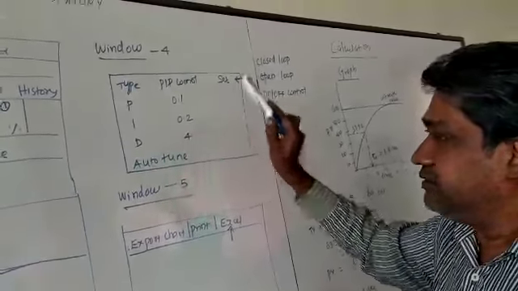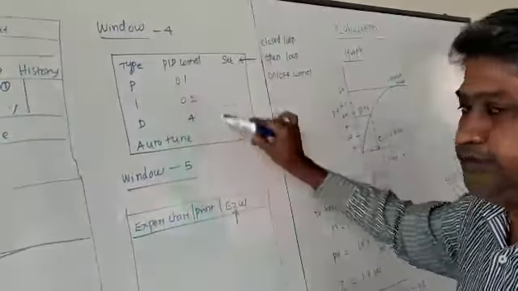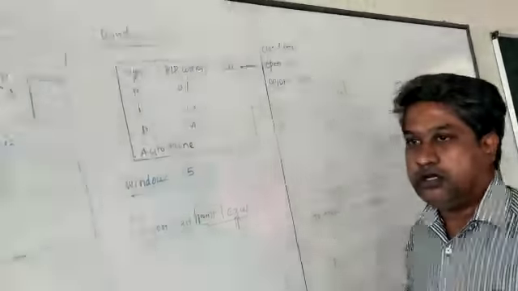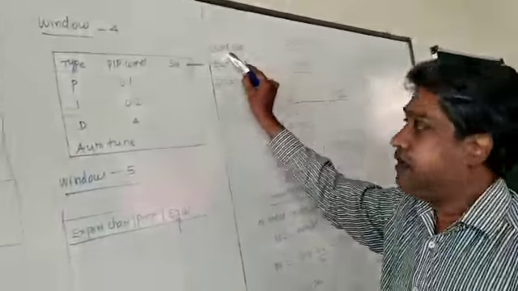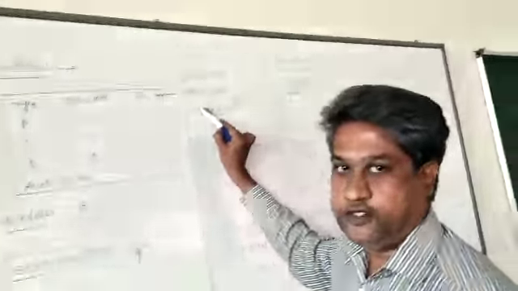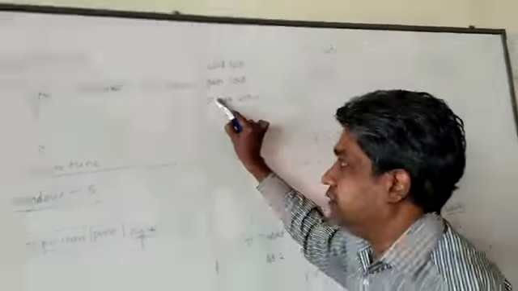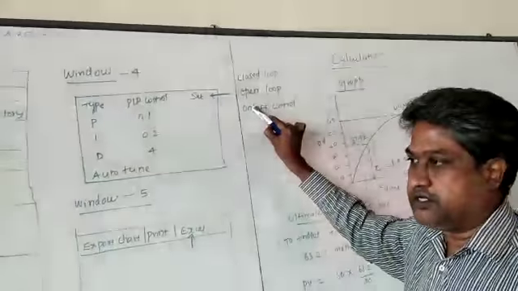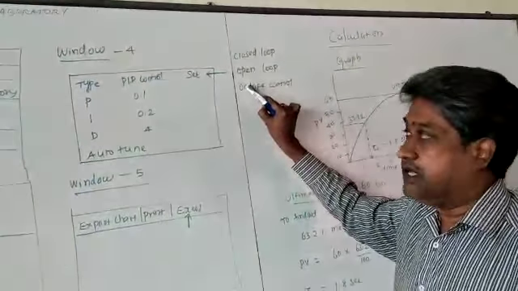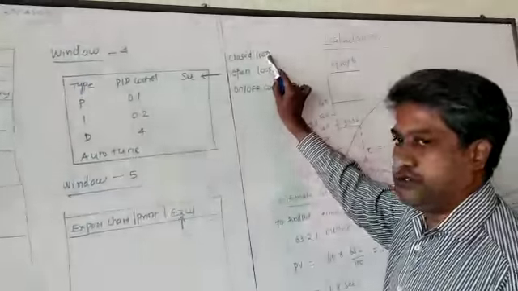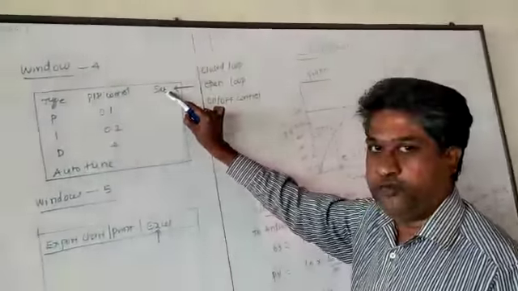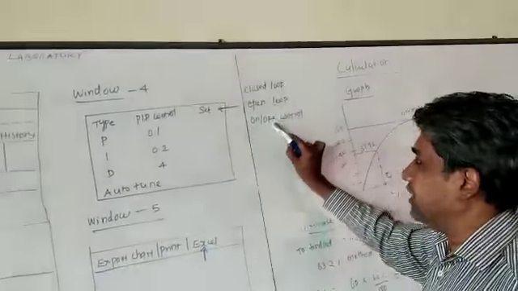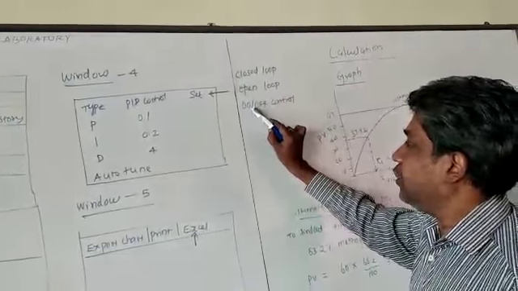Within this window we can set whether it is closed loop, open loop, or on-off control. If you want to control the pressure as a closed loop control, you just have to click set in window 4. It will show the menu: closed, open, and offset.